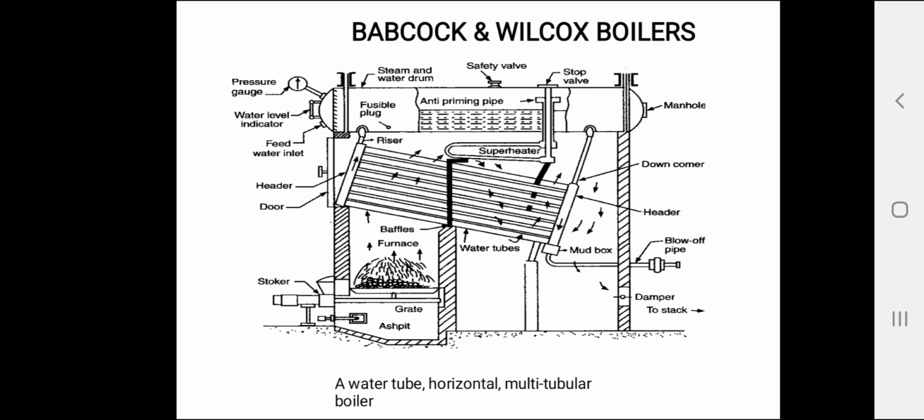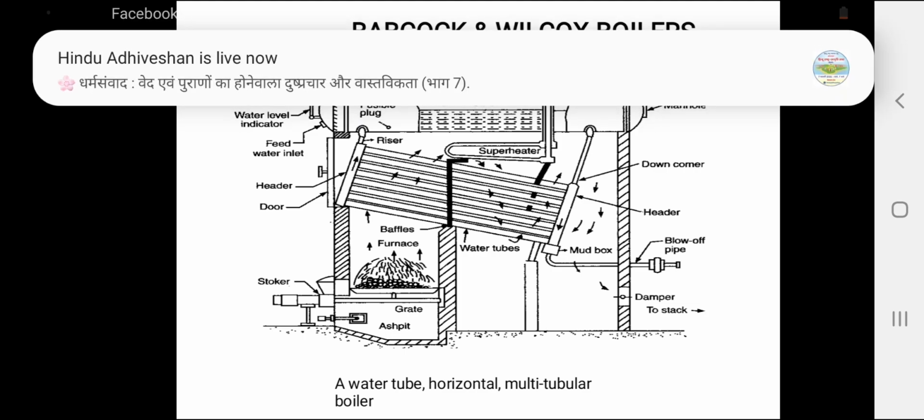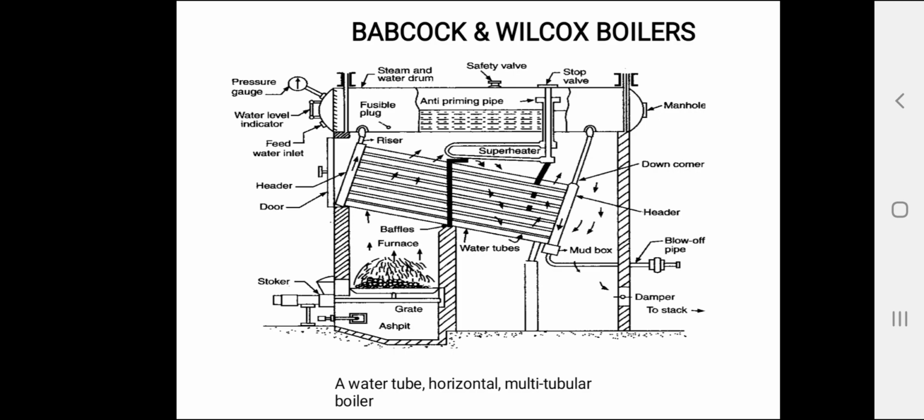It consists of a welded steel high pressure drum mounted at the top. The drum is connected with an uptake header and a downtake header. The water tubes connected to the headers are inclined at 15 degrees to the horizontal.